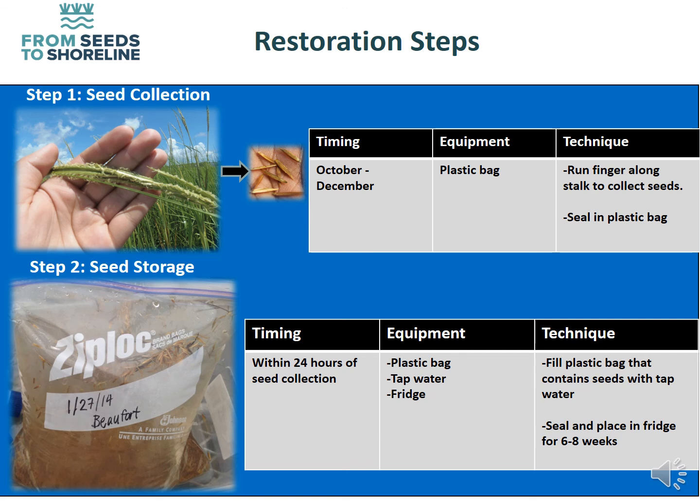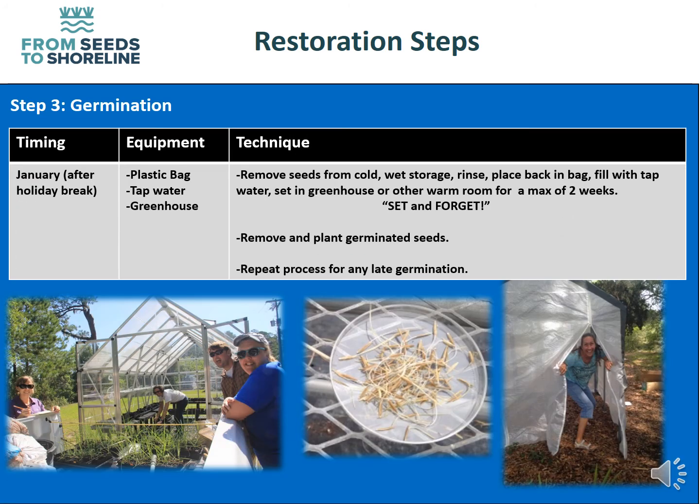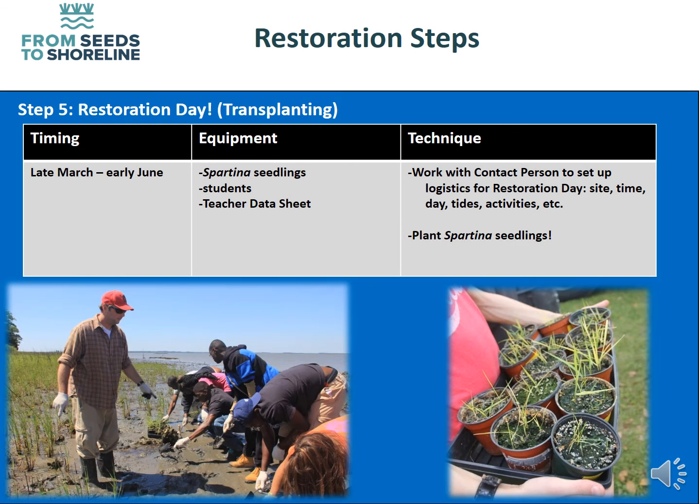These steps include seed collection that occurs during the fall, seed storage that occurs during the late fall and winter, germination, which occurs during the late winter and early spring, cultivation that occurs during the spring, and finally, your restoration day, which involves you bringing your seedlings out to an area of salt marsh and transplanting those seedlings to areas in need due to erosion and other factors.